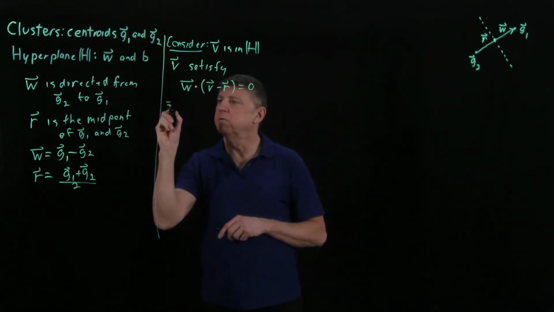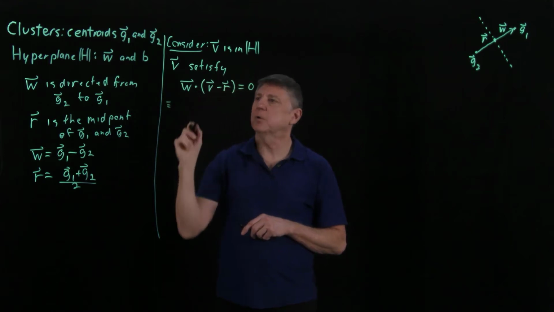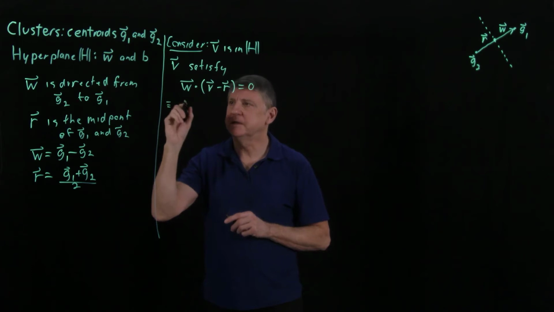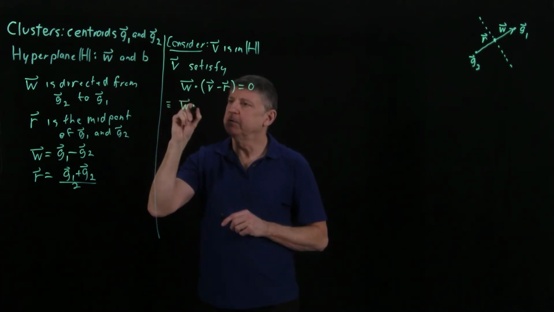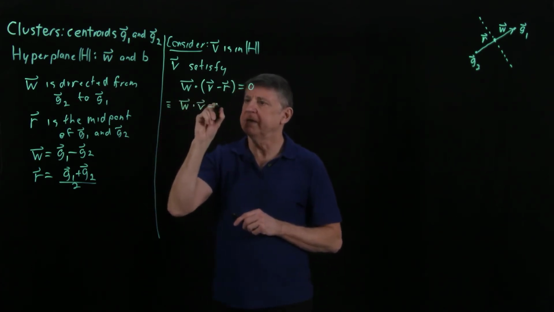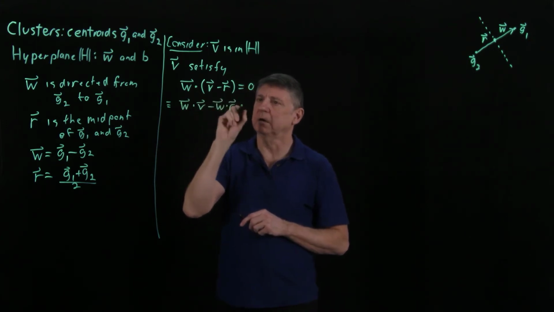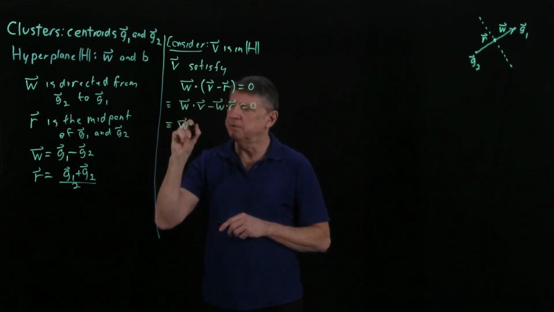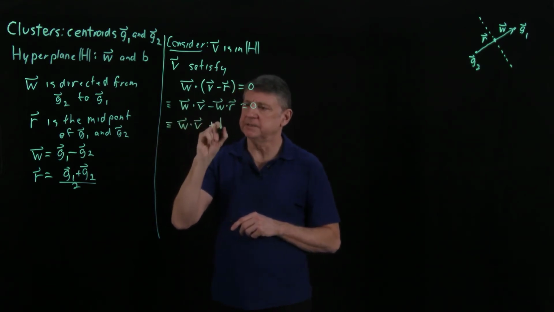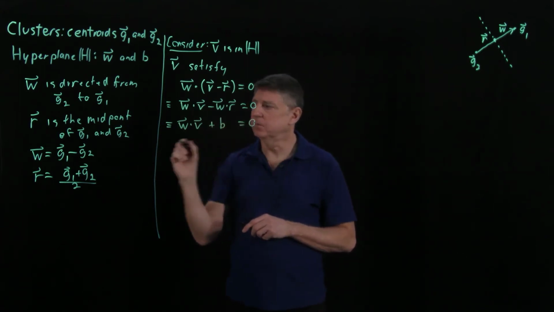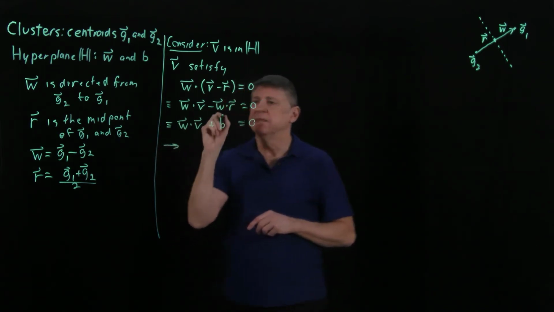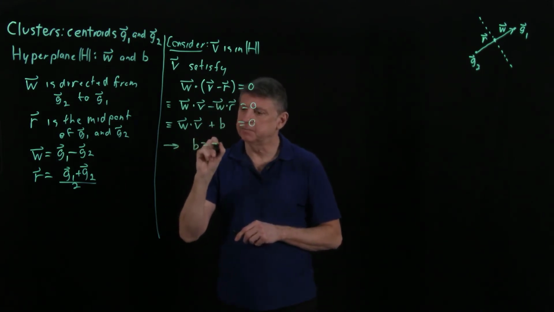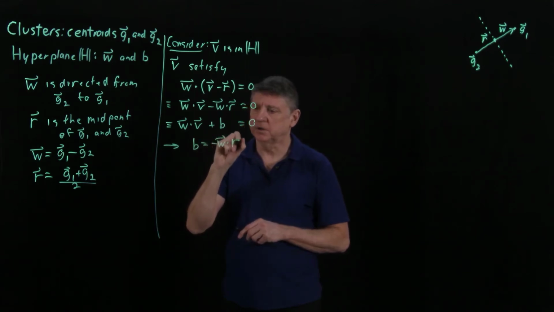Well, that's equivalent. Let's distribute this dot product over the difference, but it's really an addition. So that is w dot v minus w dot r has to equal 0. And that has to be equivalent to w dot v plus b equals 0. And that implies that b is minus w dot r.